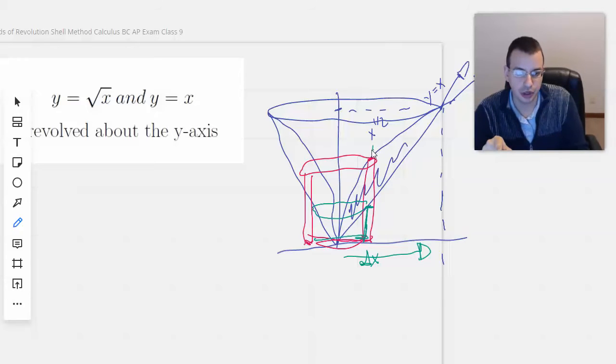The top part of the graph will be y equals x to the 1/2, and then the bottom will be y equals x.